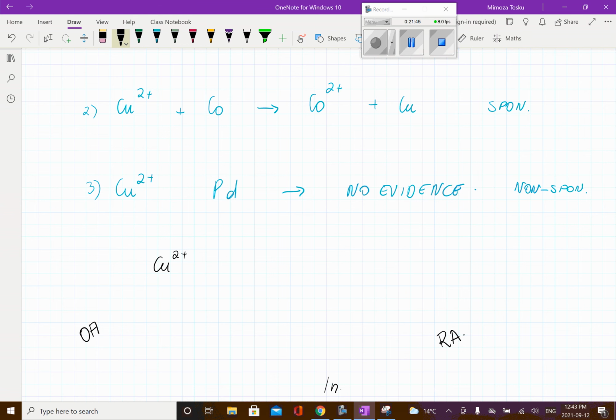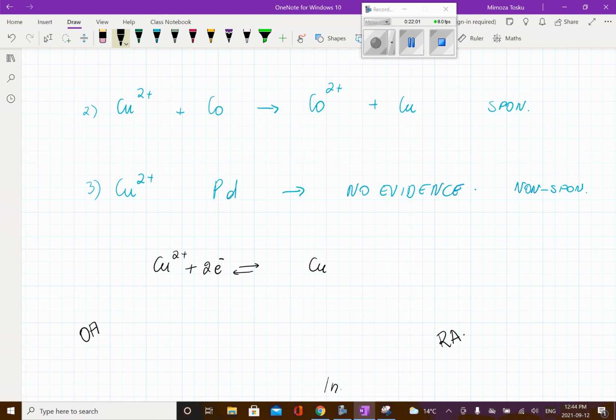So if we write now the reaction for copper 2 plus, it will be copper 2 plus plus 2 electrons giving copper, so we'll write copper here.